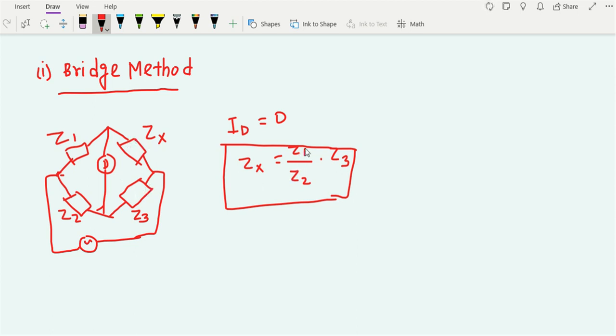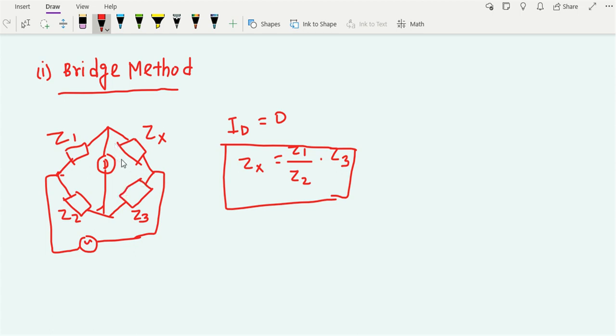You know Z1, Z2 and Z3, so using these three you can find ZX. The disadvantage of this method is that you don't need to vary ZX, the unknown impedance, but you have to vary Z1, Z2 and Z3 manually such that there is no current flow through the detector. That is one disadvantage of this method.